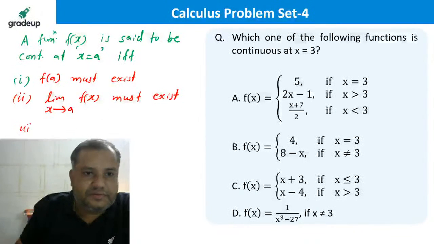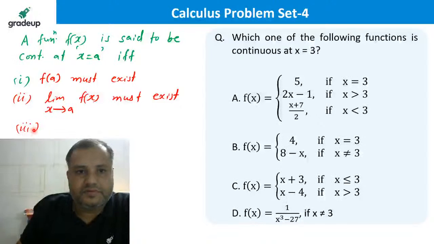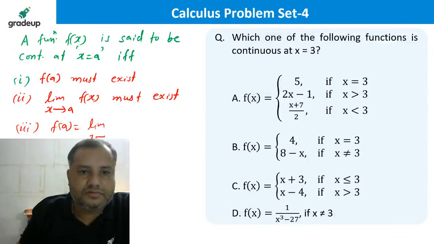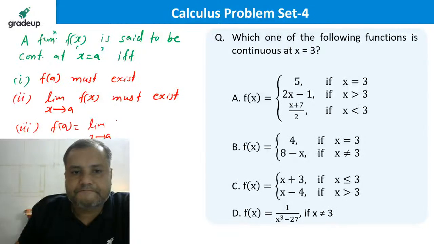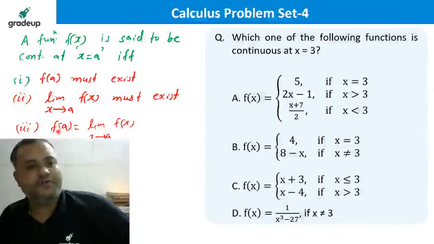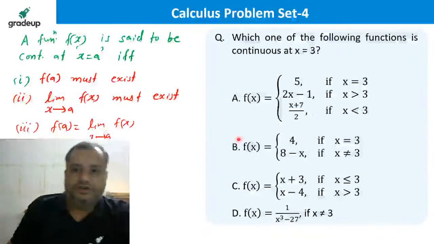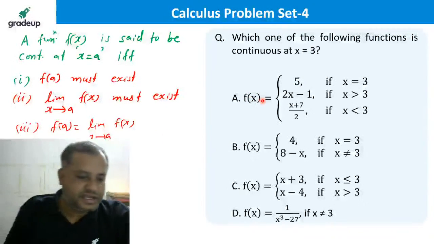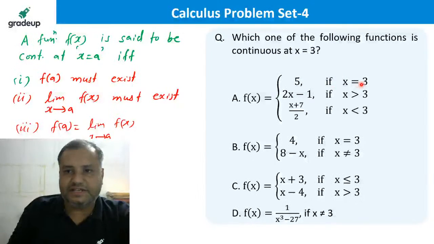And number 3, f of a and this limit must be same, must be equal. Okay, so limit and f of a, they must be equal. So f of x equal to 5 at x equal to 3. This is f of 3. F of 3 is given as 5.